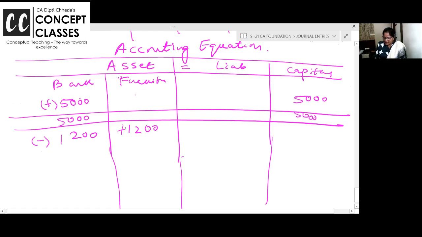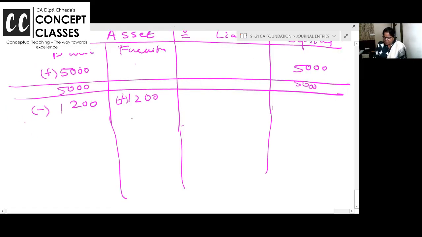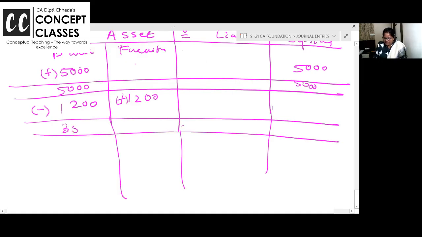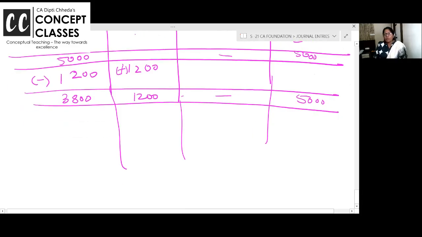Furniture is coming in, bank money is going out. Rest all is the same. So what is your bank balance now? 3,800. How much is furniture? 1,200. Total 5,000. Capital 5,000. Liabilities are not there yet. How is this? Are you able to make the equation faster than the first problem? Then you have got it.